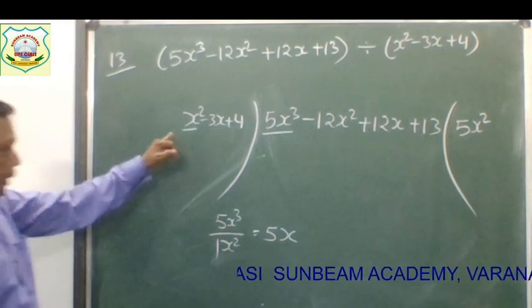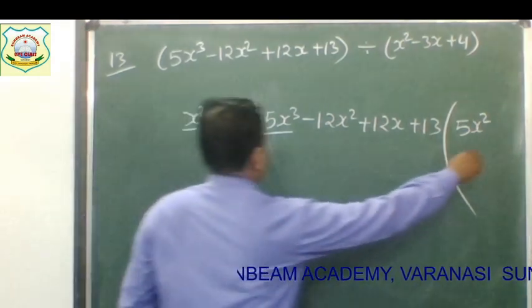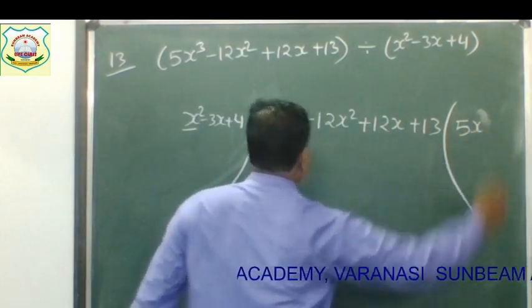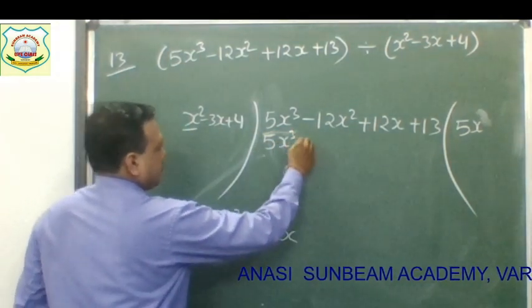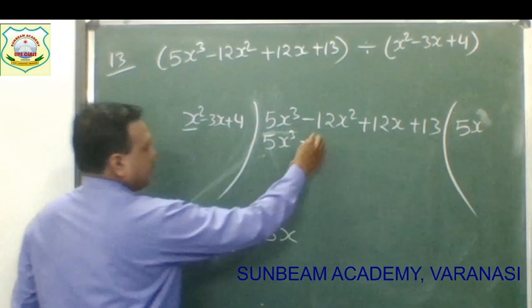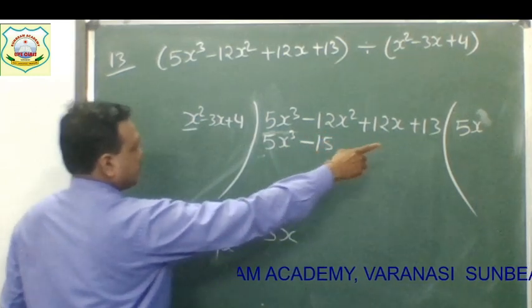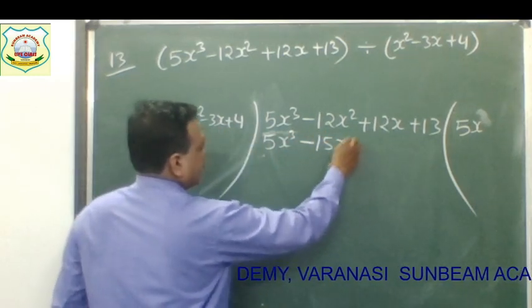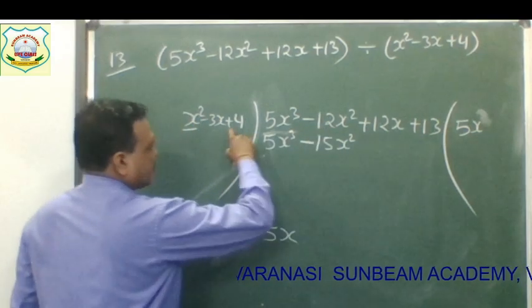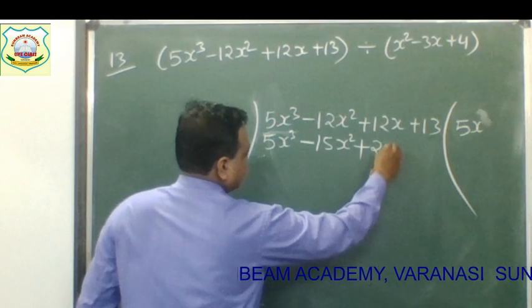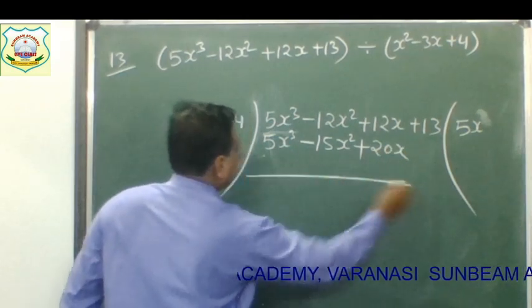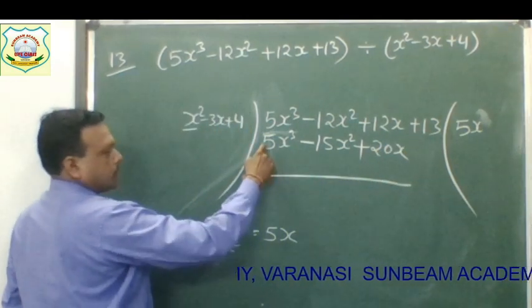5x into x square, 5x cube. Minus 5 3 is 15 and x square, x is there and x is here, x square. Now plus sign, 5 into 4, 20. We want to do minus, so what will be the sign of this one?